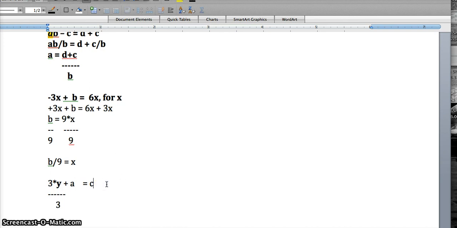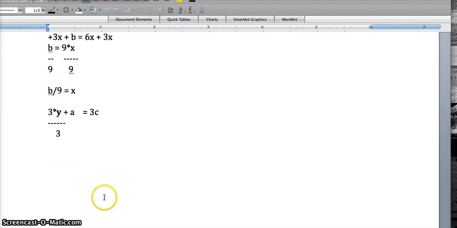We also have to multiply by 3 over here. You can write 3c, which I prefer. Now on this side, all we have left is y plus a equals 3c. We're still trying to get y by itself, so we have to subtract a from both sides.